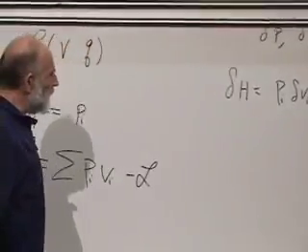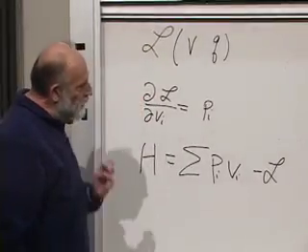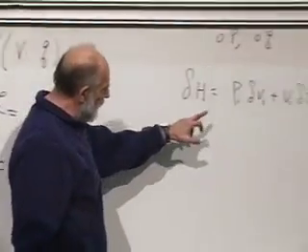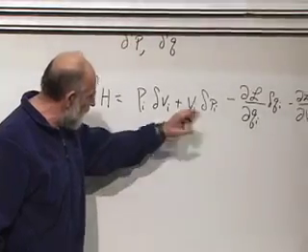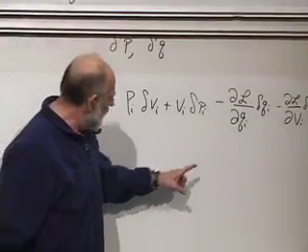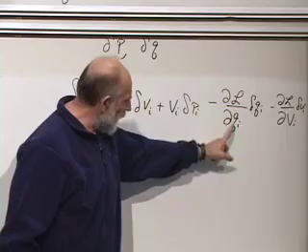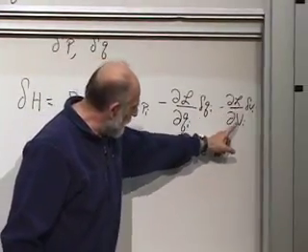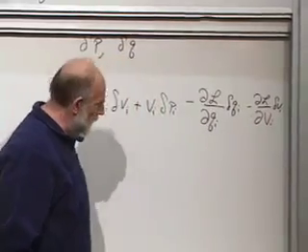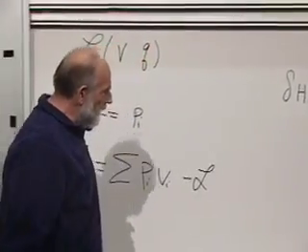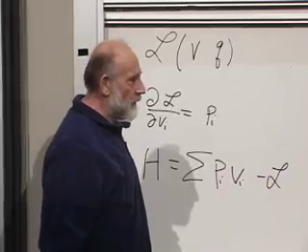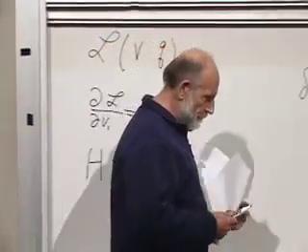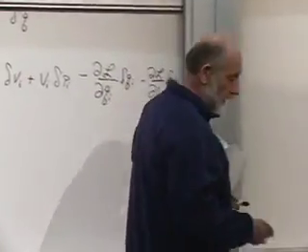Okay. So there we are. That's the formula for changing H a little bit. It has several terms: p sub I delta v sub I, v sub I delta p sub I. Derivative of Lagrangian with respect to q has a change in q. Derivative of Lagrangian with respect to v, delta v. Okay, it's a little bit complicated, but fortunately big pieces of it just cancel, just as they did over here.